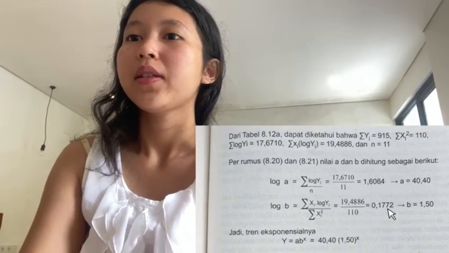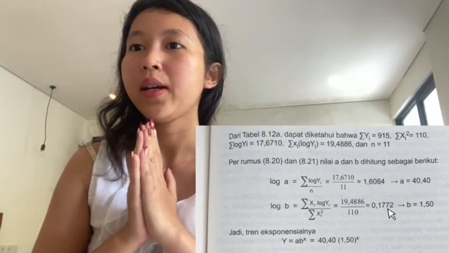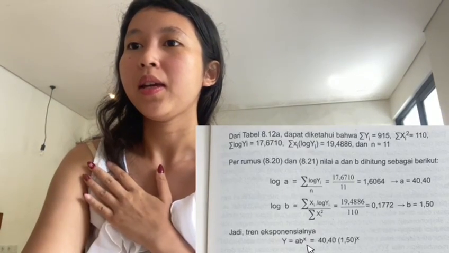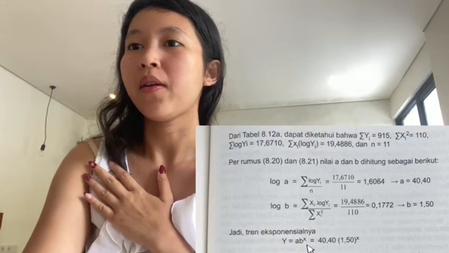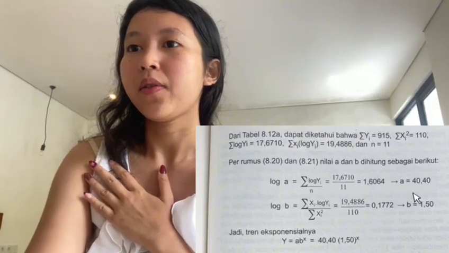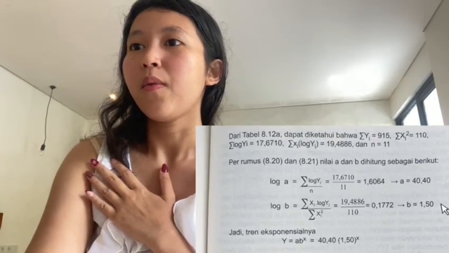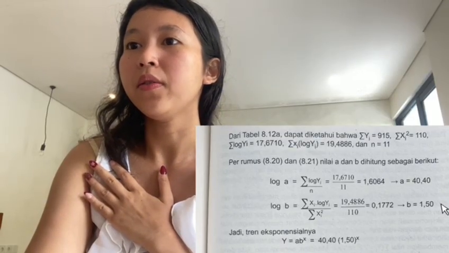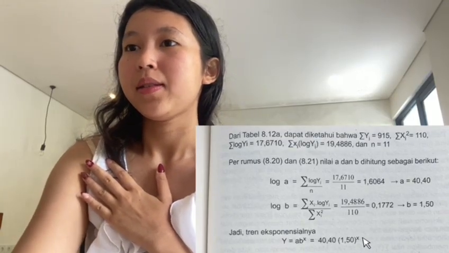So we got the exponential trend y equals a times b to the power of x, and we already got the a value, which is 40.40, and b is 1.50 to the power of x.